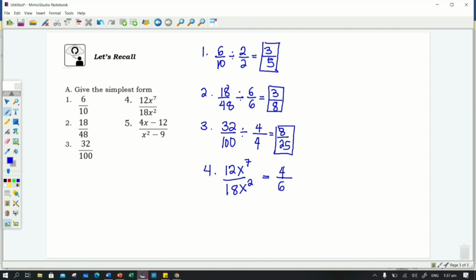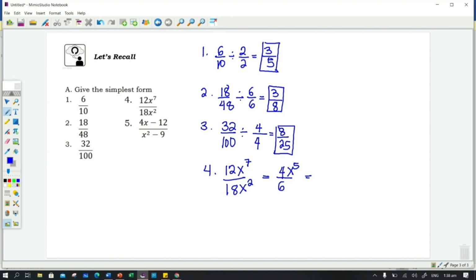To solve for this, we will just subtract the exponents by applying the law of quotient, or that is law of exponent number 2. So this is x raised to 7 minus 2, that is 5. But if you notice, 4 and 6 are still reducible to lowest term.